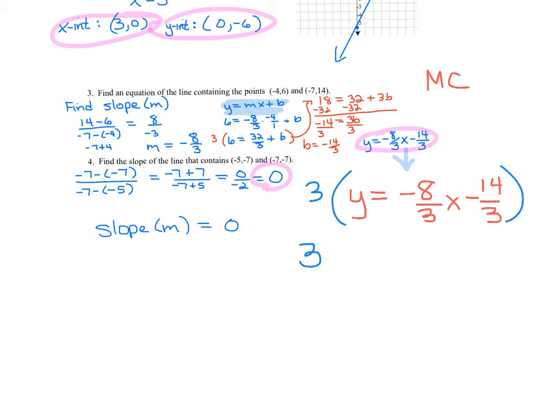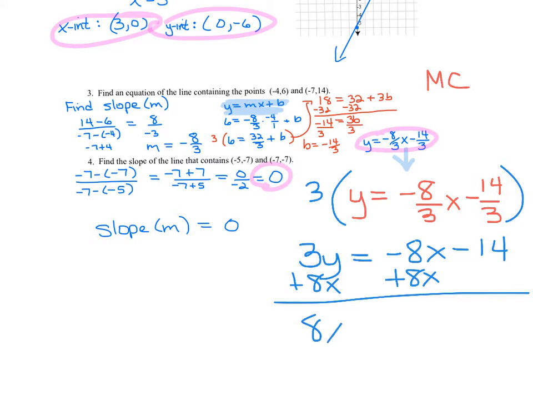So this becomes 3y. This one becomes negative 8x minus 14. And then I can move the 8x over, and now it's in standard form. So be aware of the different formats.